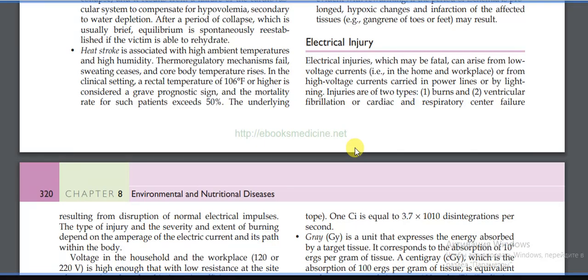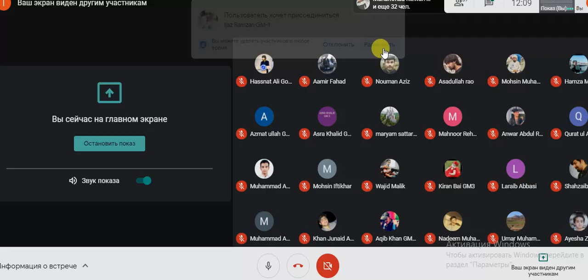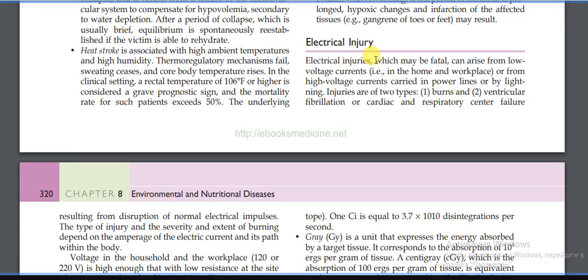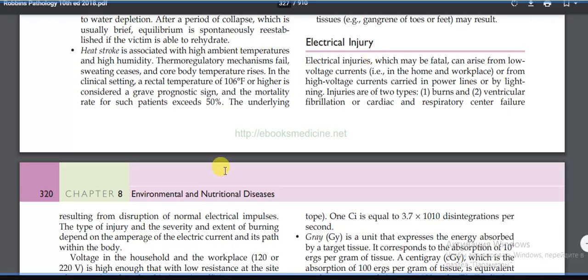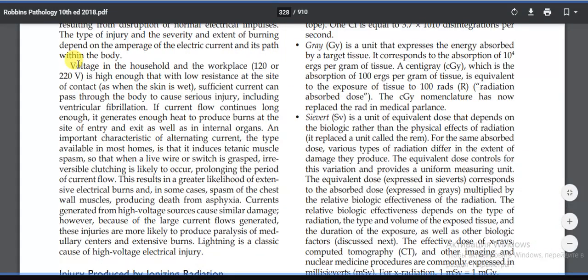And also, if electricity passes through the brain stem, it might interrupt the respiratory center, which might cause the interruption of breathing in these patients. So let's talk about voltage. Normal voltage in the workplace is 120 in the USA and Western Europe.